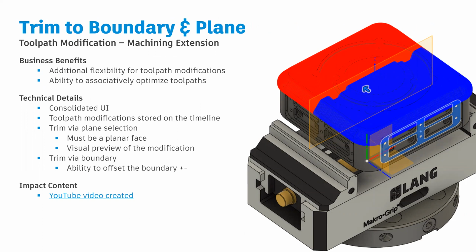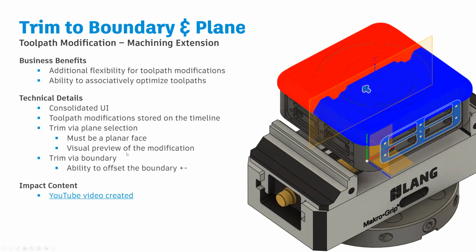Then the toolpath modification is stored in the timeline, wherever you've done the modification of the toolpath, it is stored on that particular toolpath, and whenever you are recalculating, it is going to do the toolpath calculations as per that.